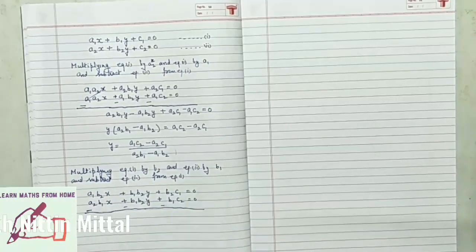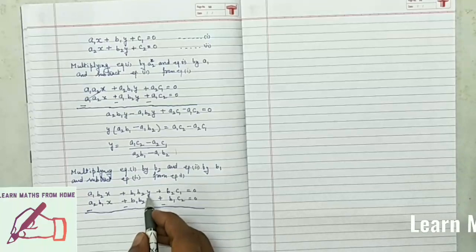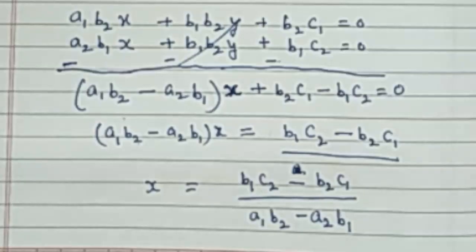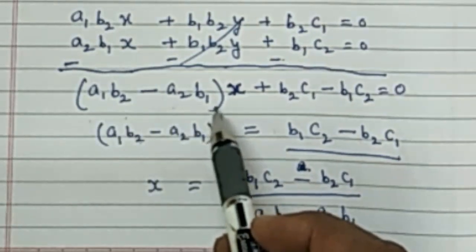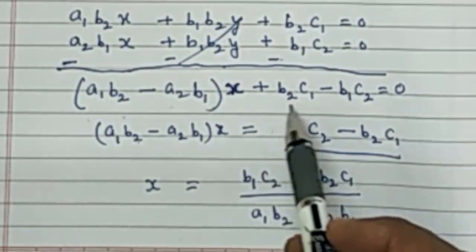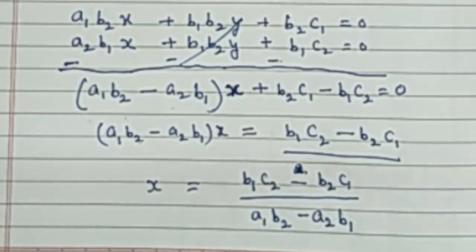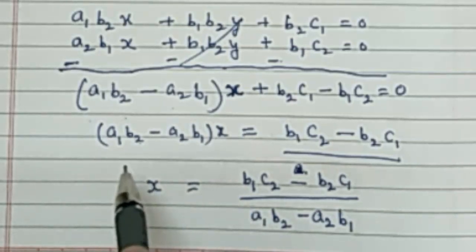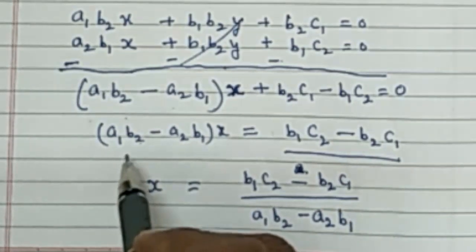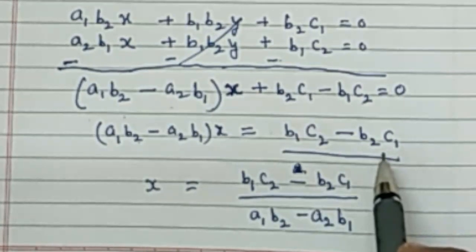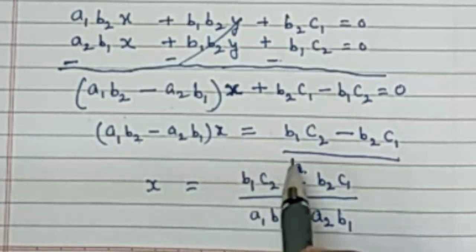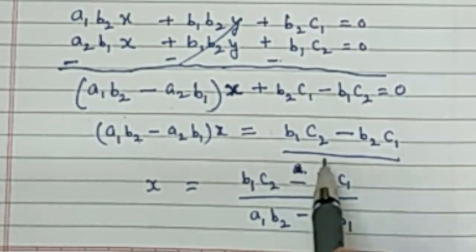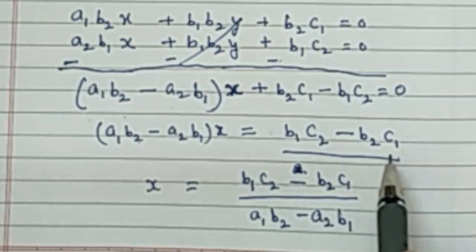Same way, the way we got y, this time y will get eliminated. So we got a1b2 minus a2b1 into x plus b2c1 minus b1c2 equal to 0. So we will take the constant terms on the other side. So we get a1b2 minus a2b1 into x equal to b1c2 minus b2c1.